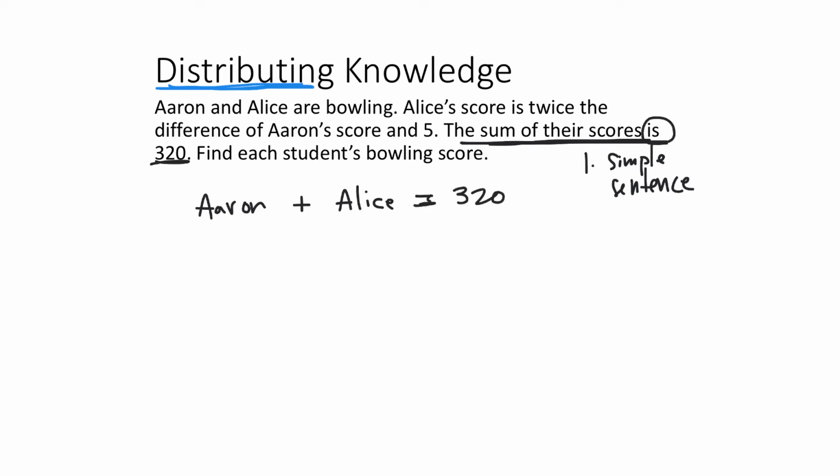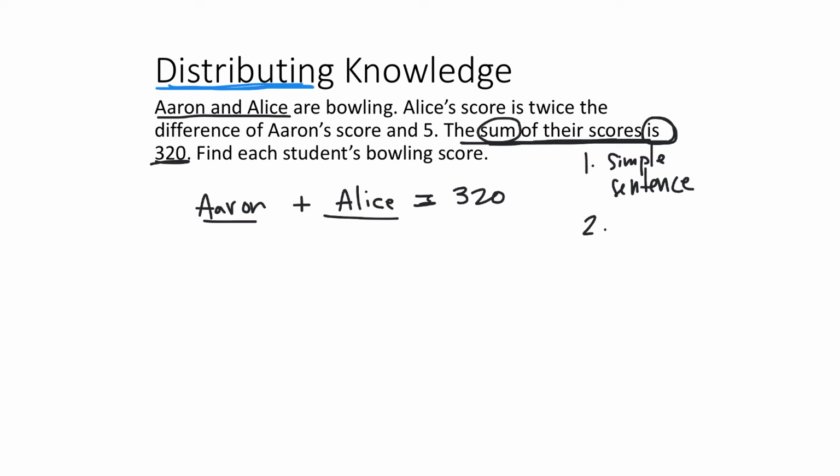So sum is our trigger word. Sum means addition, so the sum of their scores, the two people that we're talking about, Aaron and Alice. These two things right here are going to be our missing pieces.